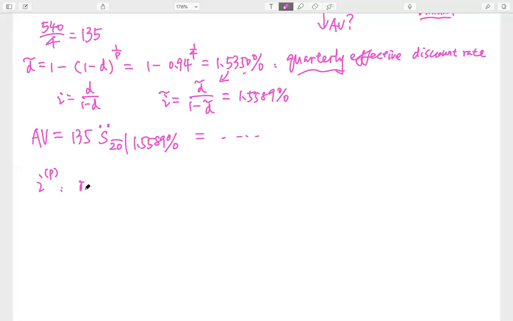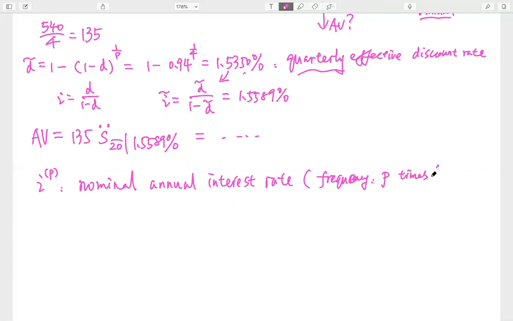This is the nominal annual interest rate. Okay, and that means we have a frequency p times per year.